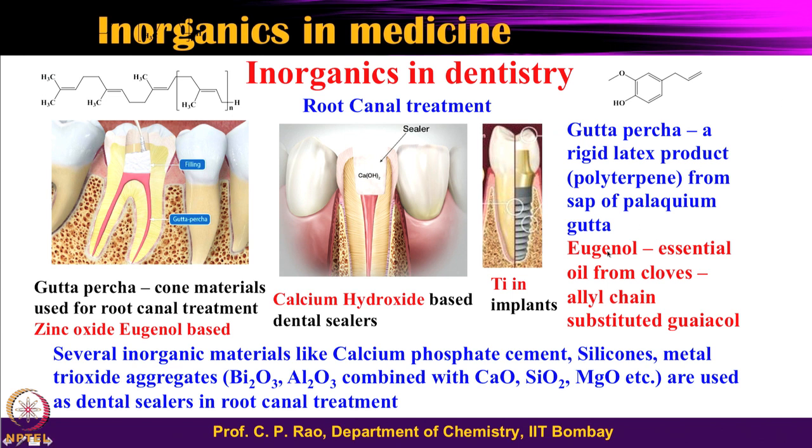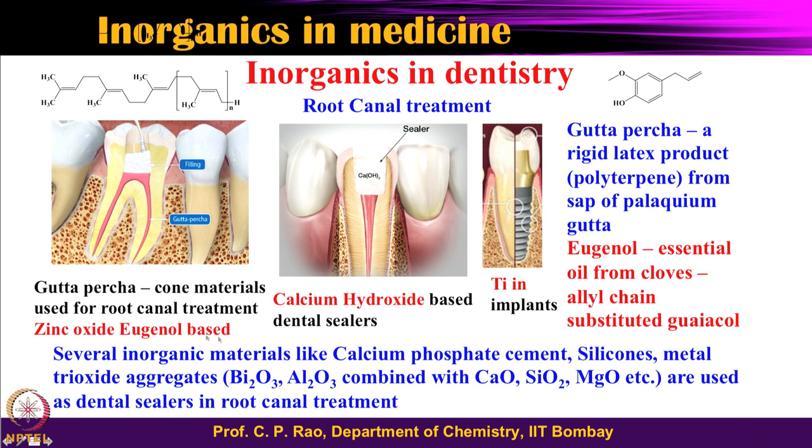You also have other kinds of molecules that you are using. So, the eugenol, essential oil from cloves. You can see the allyl chain in these ones. The allyl chains are basically the ones which give the oil kind of property.